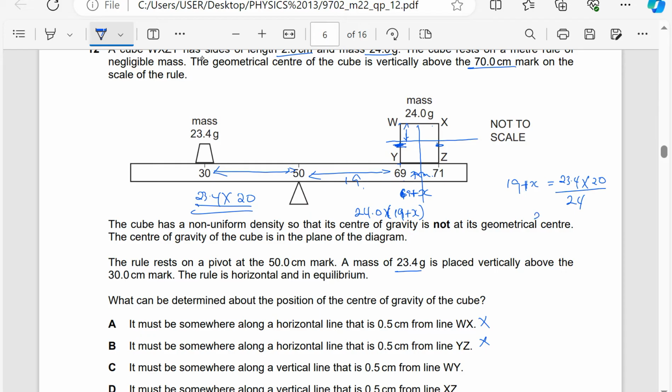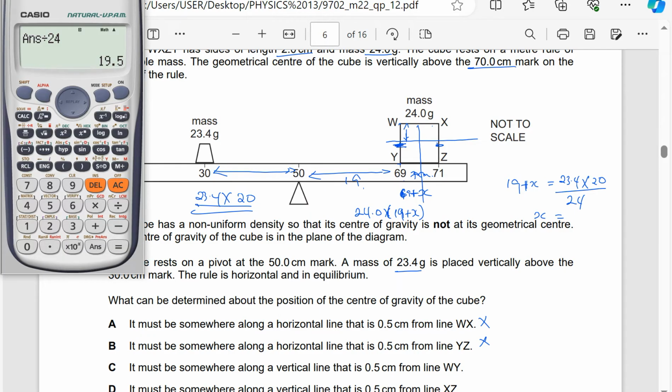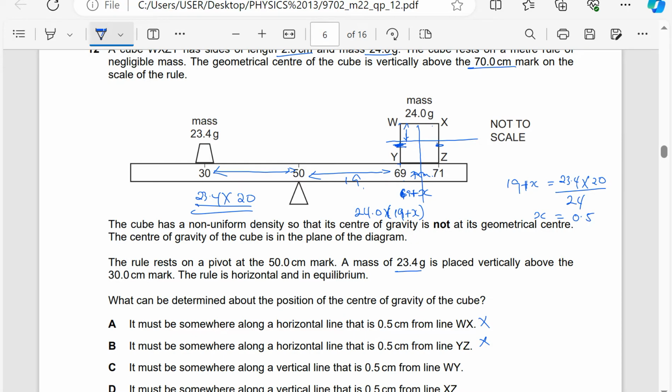So what is X? We have got 23.4 times 20 over 24 is 19.5, which means X is 0.5 centimeters. So it means on 69 I'm adding 0.5, so I must be measuring 0.5 from W's Y, not from WX, not from YZ, and so on and so forth.